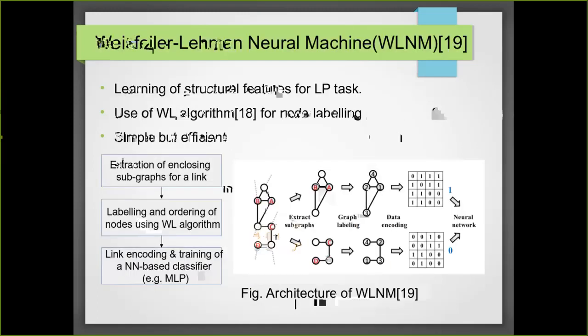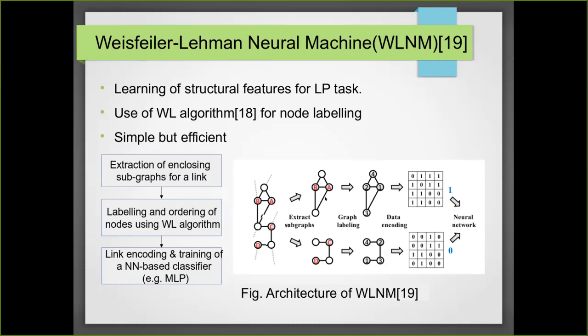And the Weisfeiler-Lehman neural machine-based graph neural network. This is the architecture of the WLNM neural network. It is a 3-step algorithm, where first of all, it extracts the neighbors of a link. The neighbors of a link are defined as the neighboring nodes of the two end nodes of the link.